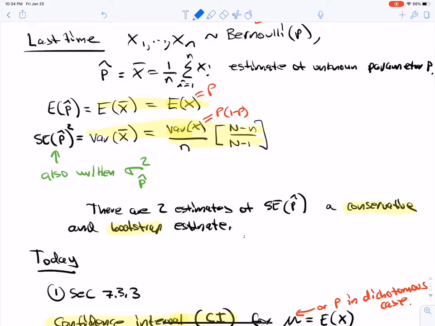As well, the variance of the sample mean is given by the formula here, which includes a correction factor. There are two estimates for the standard error of p hat, a conservative and a bootstrap estimate that we talked about last time, because generally we don't know what p is.